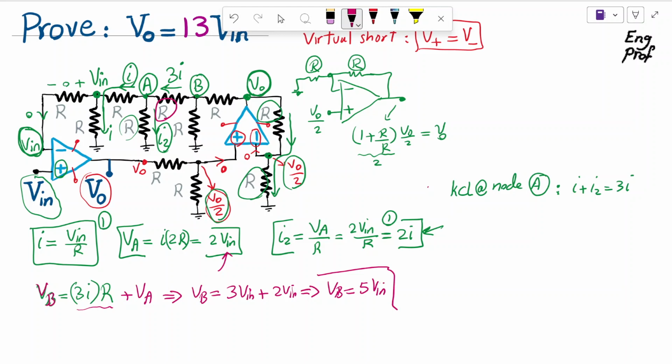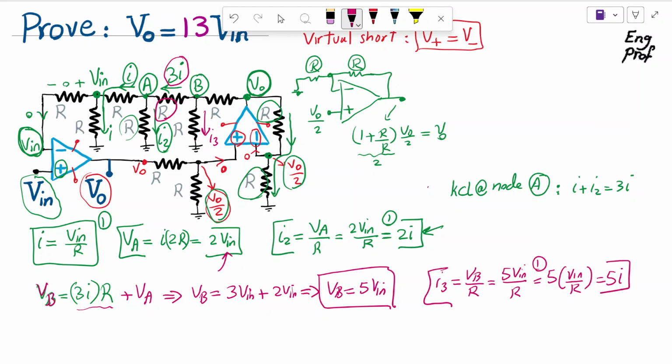Okay, that's very good. So we found VB, and finally 3 times I is going from node B to the left side. What is the current that is going downward from node B? Let's name it I3. So I3 is VB divided by the resistor that is going through it, R. VB is 5 times V in, we just found it, divided by R, which means 5 times I, because V in over R from equation 1 is I. Great.